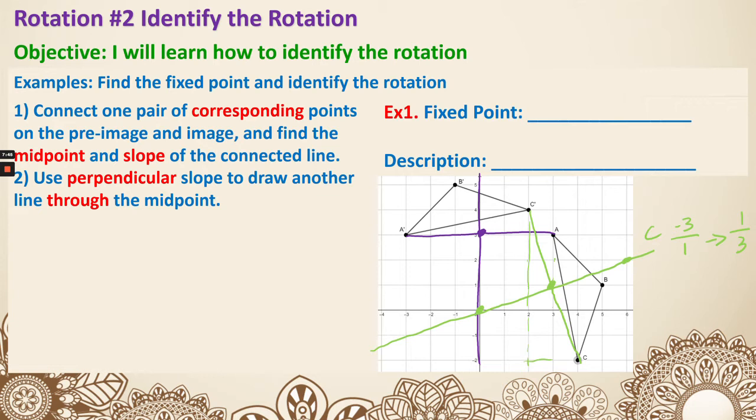Next, we are going to do B and B prime. B and B prime is 1, 2, 3, 4 vertical away, and 1, 2, 3, 4, 5, 6 horizontal away. So we know it's going to be down 2 over 3. That's where the midpoint is. And for point B, the slope currently is down 2 over 3, so it's negative 2 over 3.